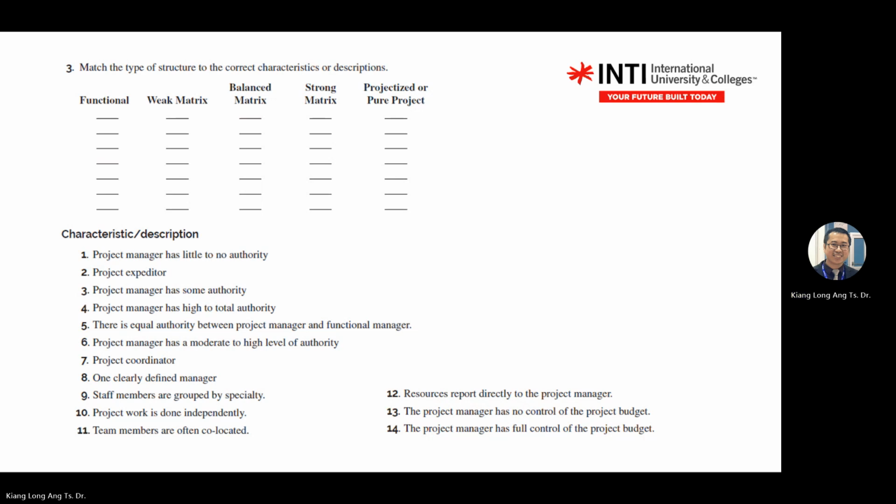Which one? Sure, it will not be pure project or projectized, because in projectized the PM has very high priority. So here you see the word little to no is the other side of this, like playing with a scale.